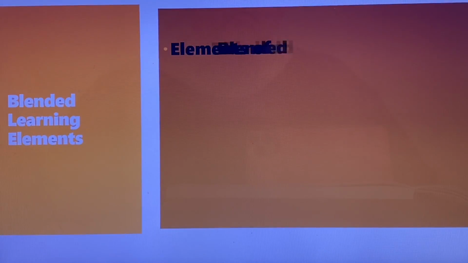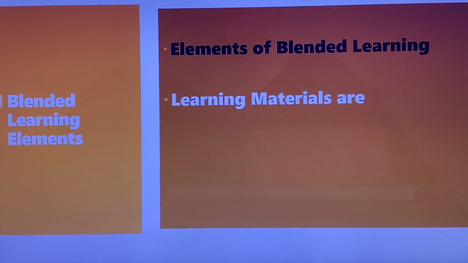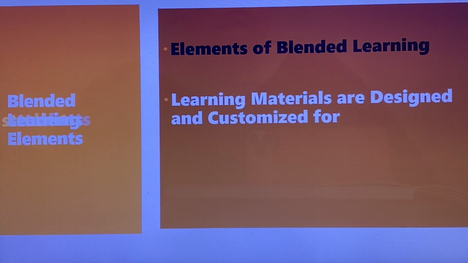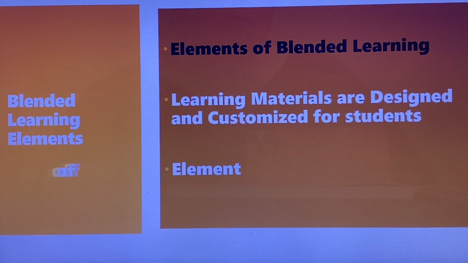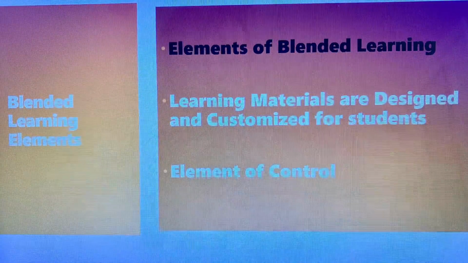The next element of blended learning, as discussed earlier, is where the learning instructions, the learning environment, and the learning itself are all designed and customized for the individual student.